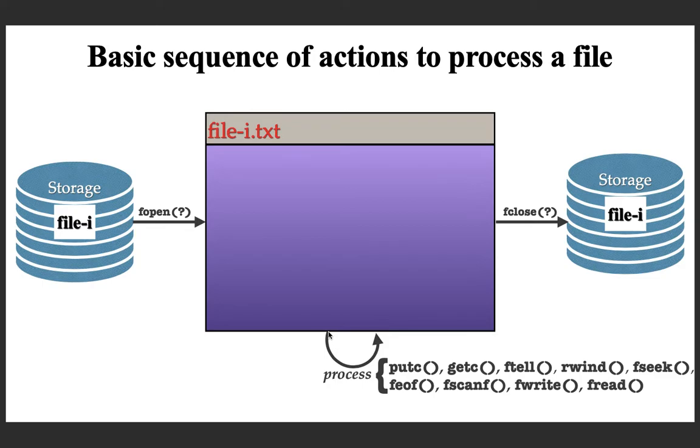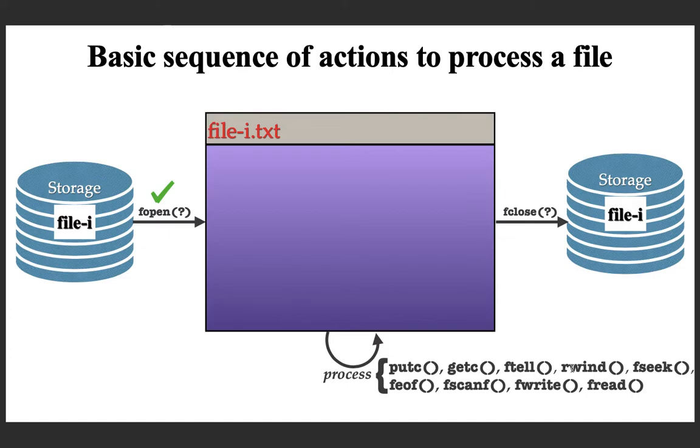After that you can do a number of operations on that existing file, and finally you close it using the fclose function. Last class we looked at the fopen function, and also the end of file function. Hope you remember it.